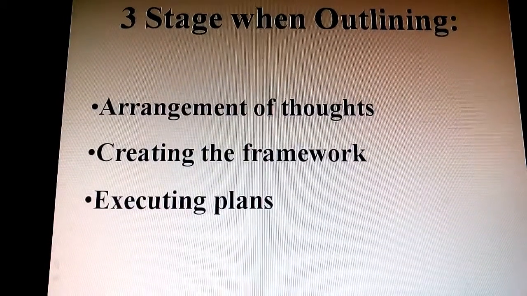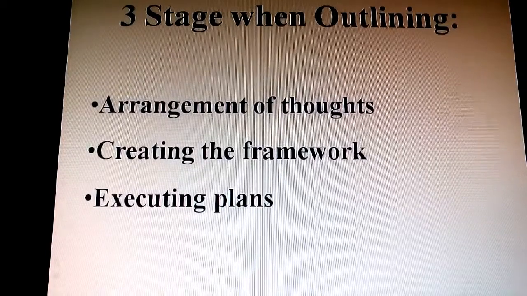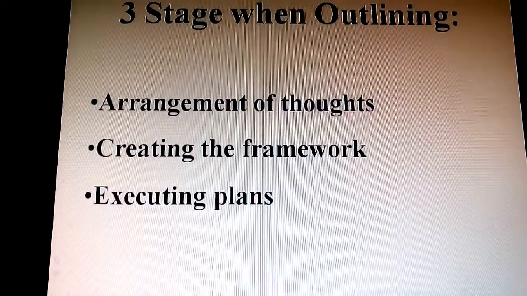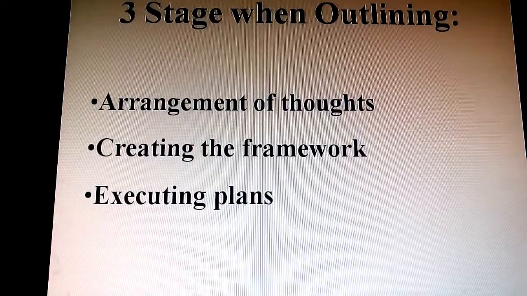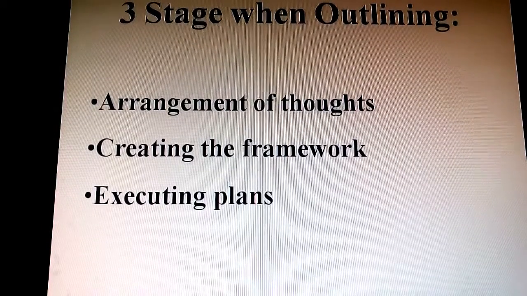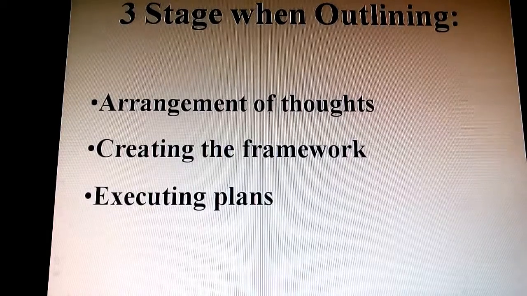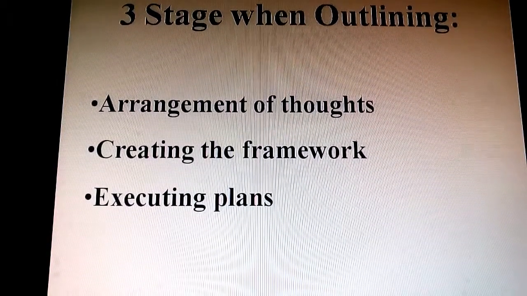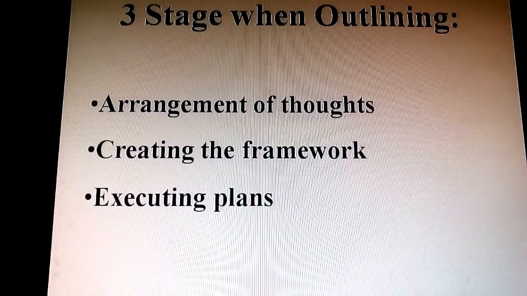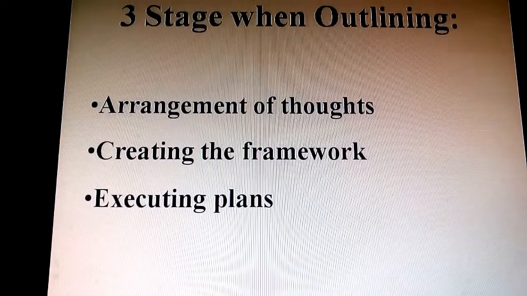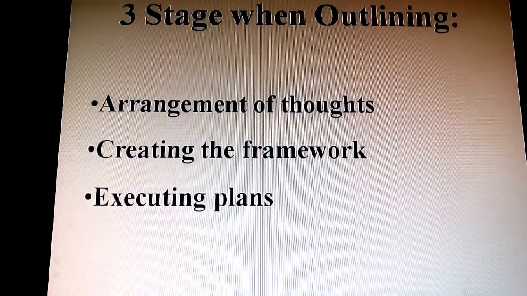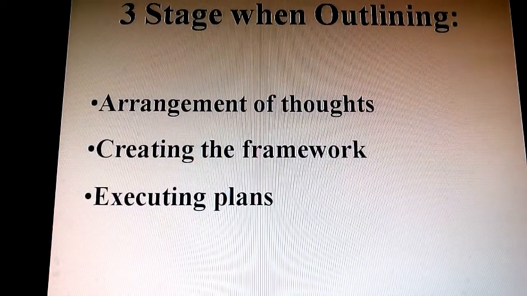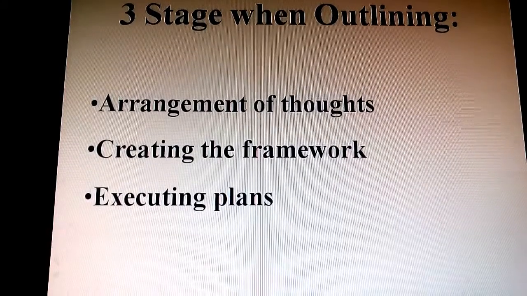This is very important for writers because plots are mainly used in poems, in short stories, and in novels. In order for a writer to have an effective plot or an effective product, first he or she must arrange his or her thoughts, the concept, what the story is all about, and the like.